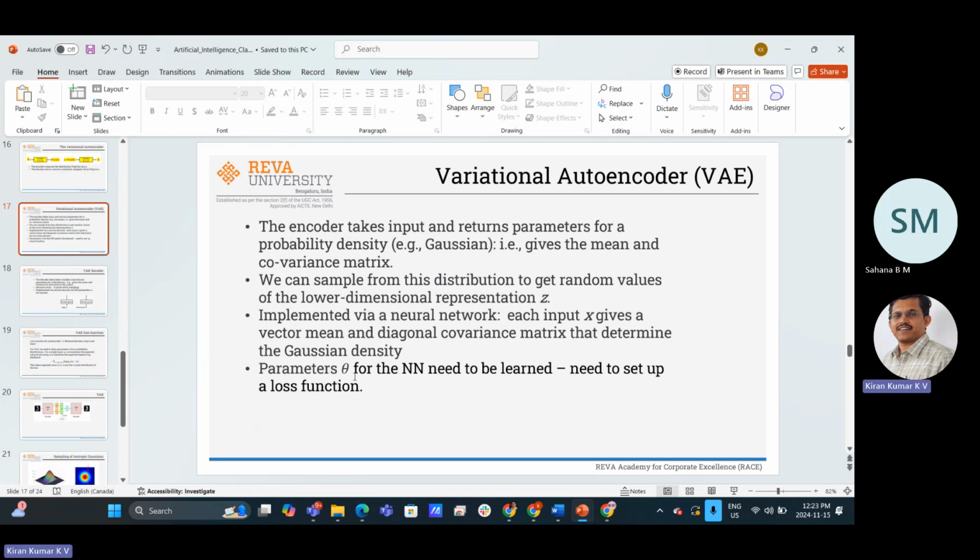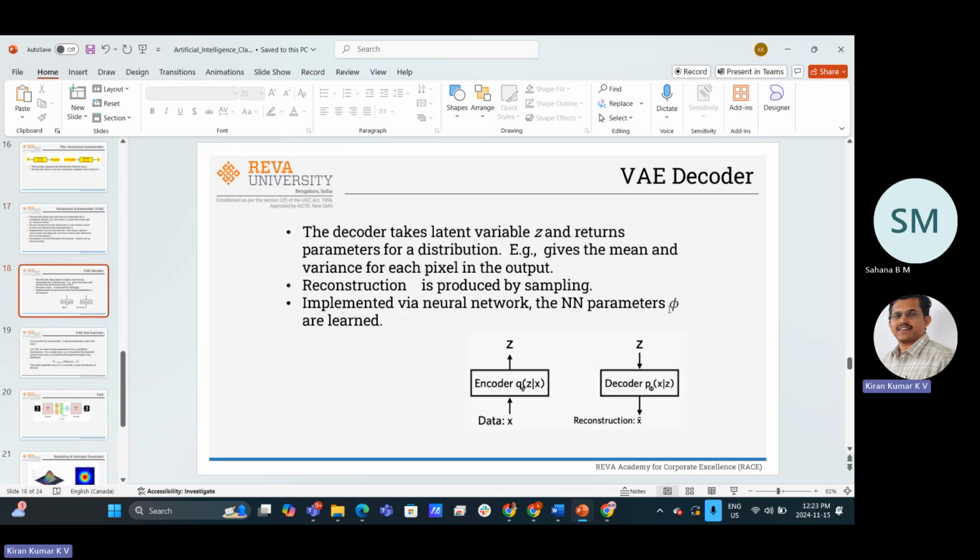After getting that, parameters theta in the neural network need to be learned, and we need to set up a loss function. Where does theta come? At the encoder. This is the encoder part. In the decoder part, it is phi. Okay, this has to be varied. Decoder takes the latent variable z, which is already sampled, and returns the parameters of the distribution.